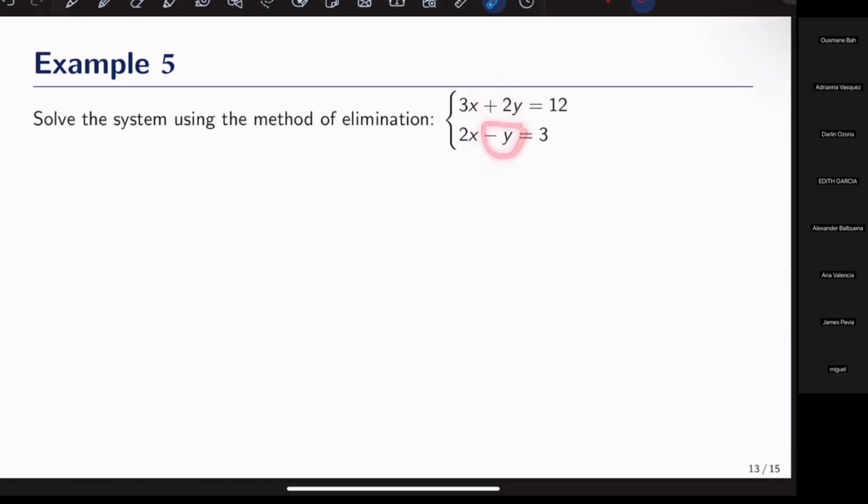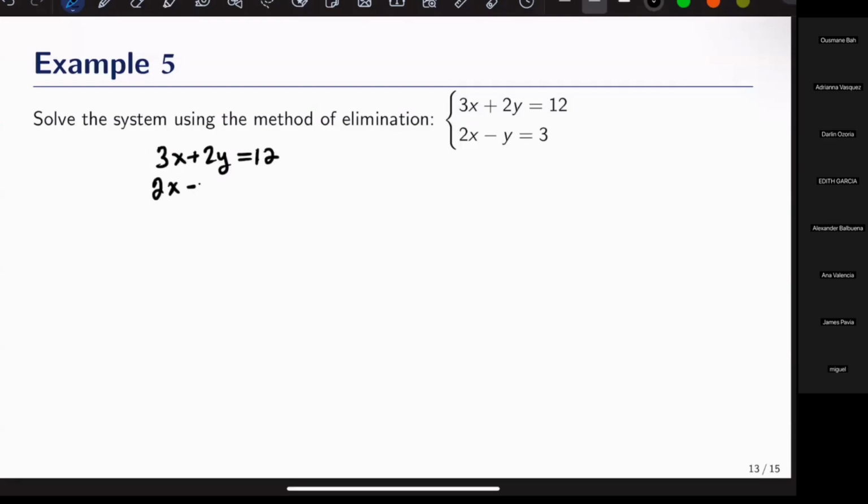So what I just have to do to this bottom equation is to multiply it by a positive 2. I have to multiply the entire equation by positive 2. And when I do that, it manipulates this into our negative 2y, which will cancel it out. So I'll just write the equations again over here so that you can still see what we've started with in the beginning.